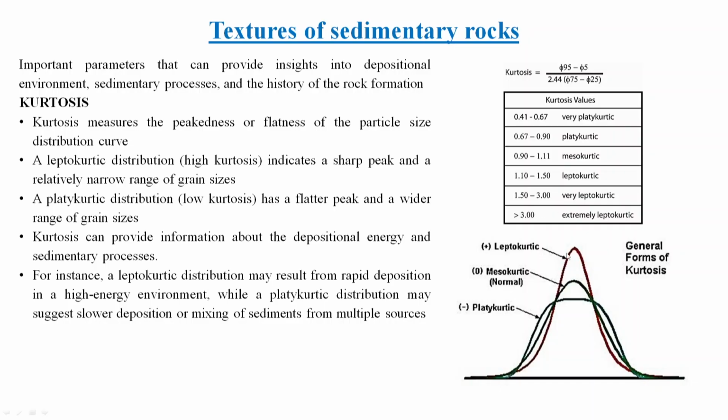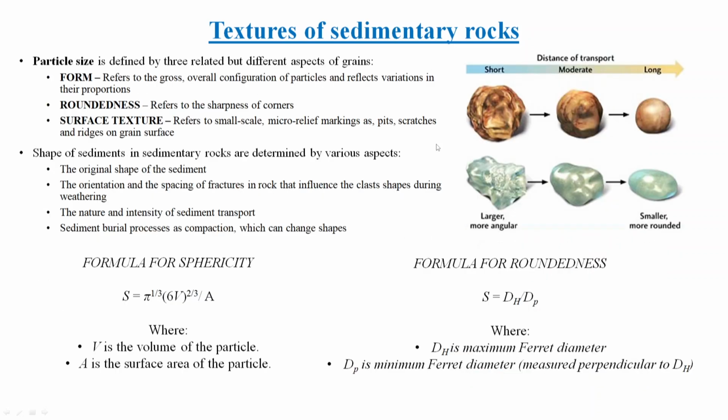And based on this formula of kurtosis, you can also calculate whether you have a positive value of the kurtosis which reflects a leptokurtic graph, or a zero value of the kurtosis which reflects a mesokurtic graph, or a negative value of your kurtosis which reflects your platykurtic graph.